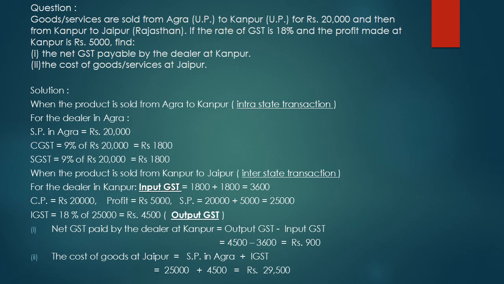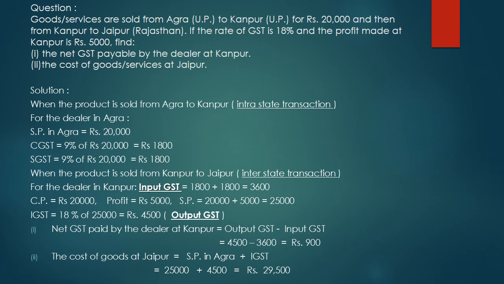Now the services have been sold from Kanpur to Jaipur. This transaction has been made from one state to another state, so it is known as an interstate transaction. During an interstate transaction, only one tax is calculated over the goods or services, that is known as IGST.